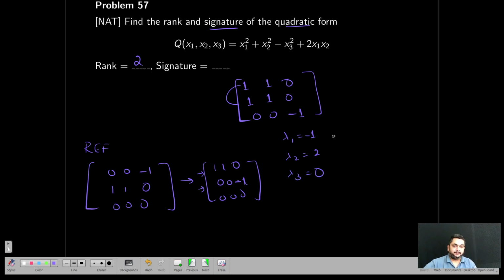Okay, you can just verify. So here, how many values are positive? One value is positive. How many values are negative? One value is negative. So the zero count is 1. Sometimes you can also write it as plus, minus, and 0. This indicates the existence of positive eigenvalues, negative eigenvalues, and 0. Okay, this is how you write the signature.